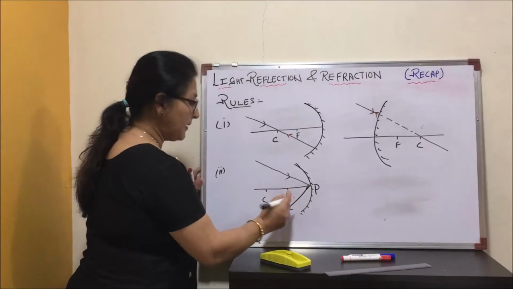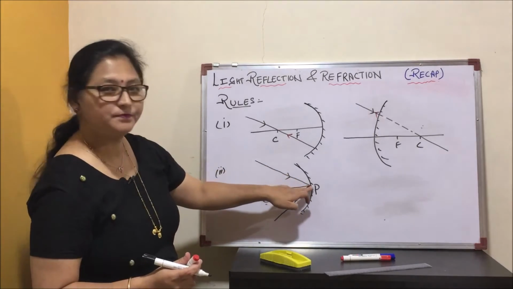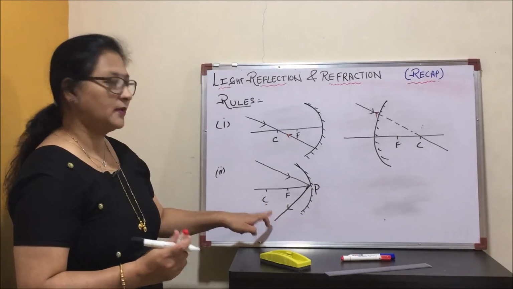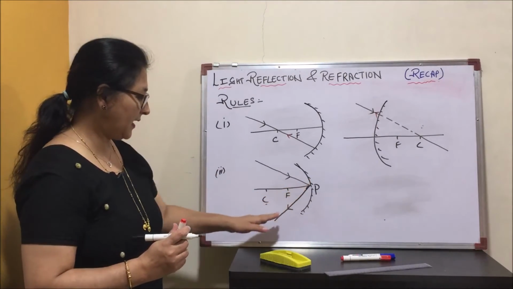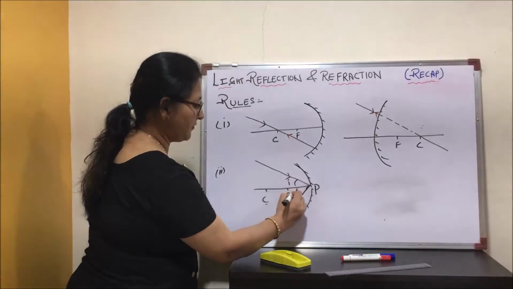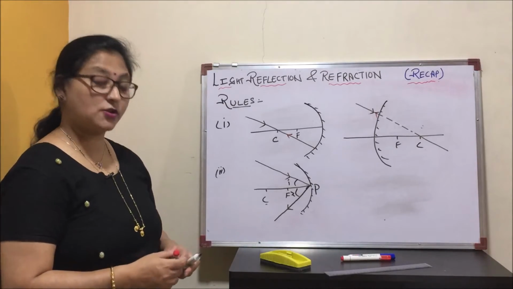That means this ray is making a certain angle at P, so after reflecting back, it will make the same angle from P. So an oblique ray is forming, and the angle of incidence and angle of reflection will be the same. Clear?